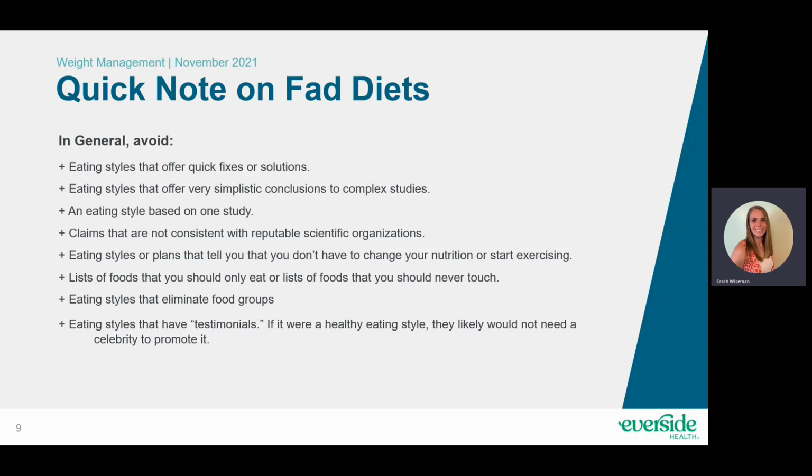A lot of people do, and some rightfully so, have concerns about certain organizations and their funding, etc. But when the American Diabetes Association, the American Heart Association, the CDC, and the Academy of Nutrition and Dietetics all say the same thing, they all kind of agree on certain things.